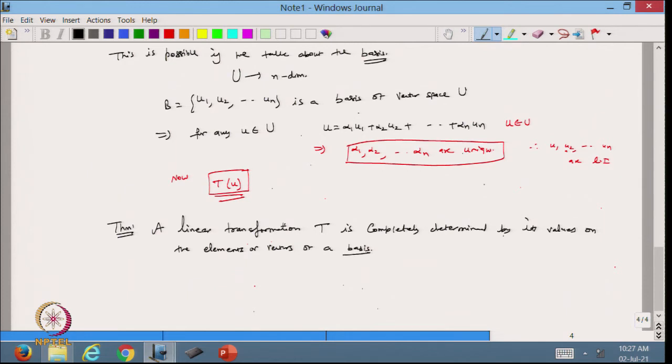So, it is completely determined by its values on the vectors of a basis.